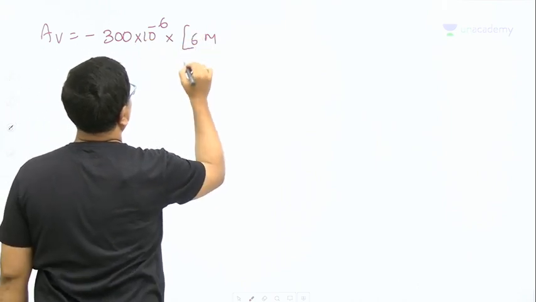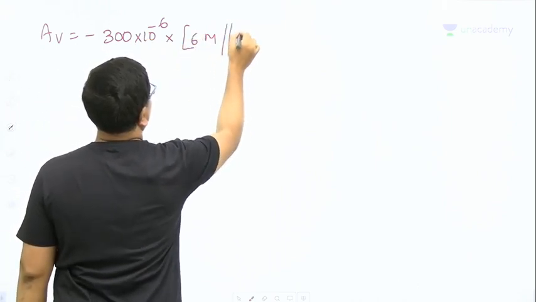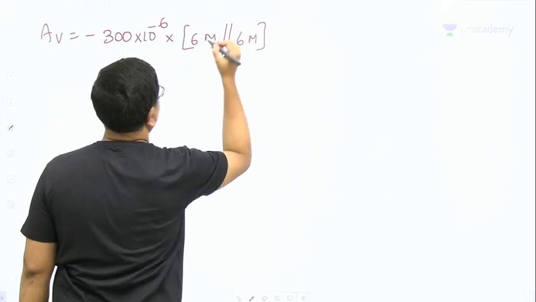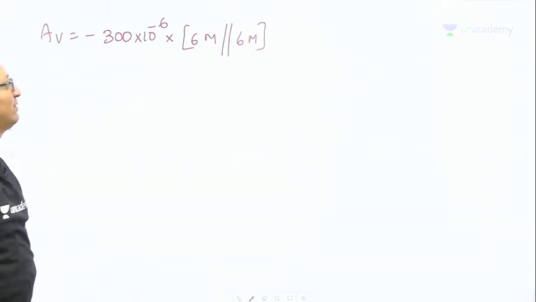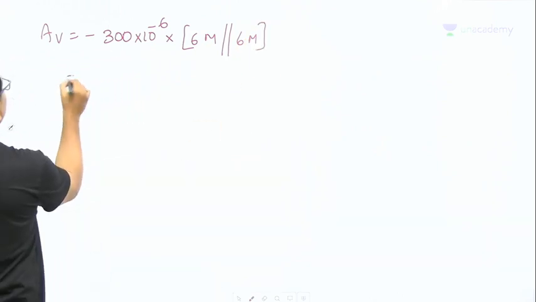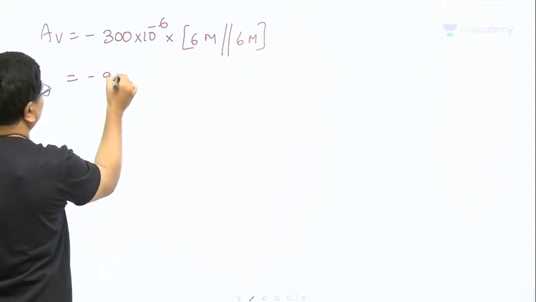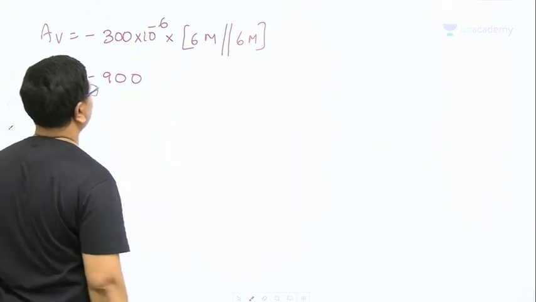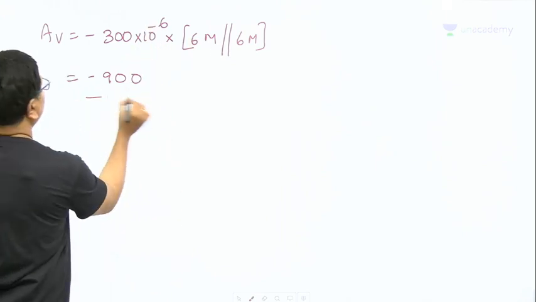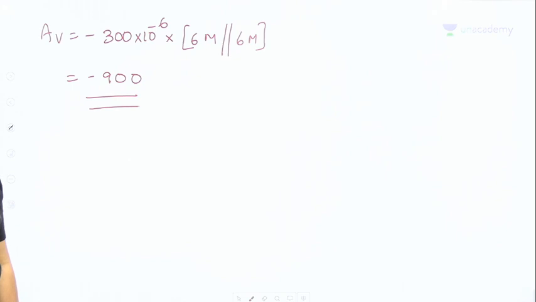It is 6 mega parallel with 6 mega. RDS of PMOS or NMOS is given as 6 mega ohms. So finally, 6 mega parallel with 6 mega means 3 mega. So what is your final answer? 900. Mega and 10 power minus 6 both cancel. So this is our final answer.